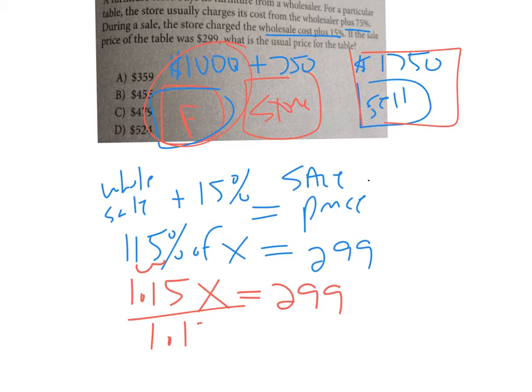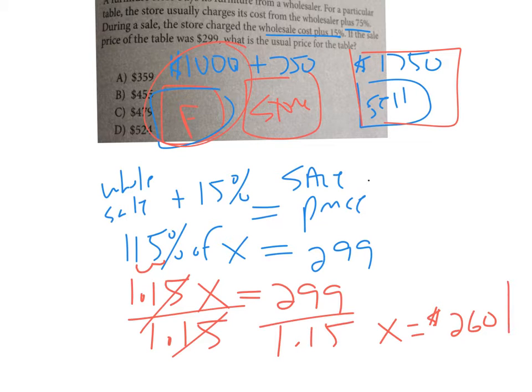So X, the normal wholesale purchase price, is going to be $260. So this particular table, the store buys it at $260. But that's not what the question asks.